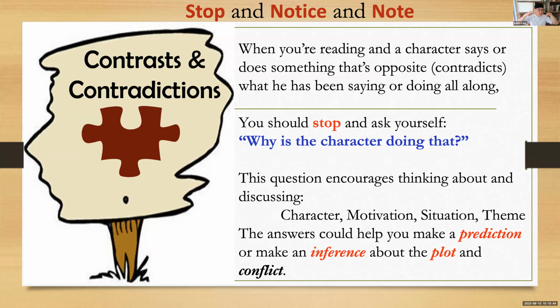So you don't just read at surface level, you go deeper to question what is in the text and in the characters' hearts, okay? What is below the surface. So contrasts and contradictions help you to stop and pay attention to something that you might have thought was one thing, but is actually something else entirely, okay?